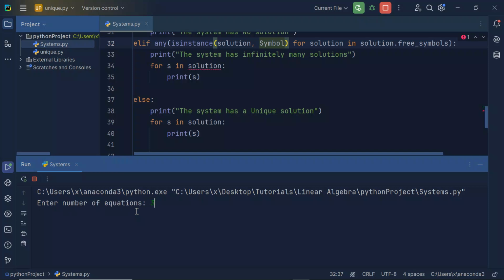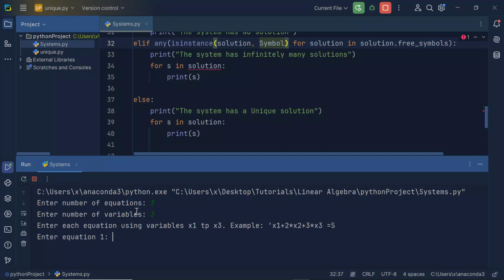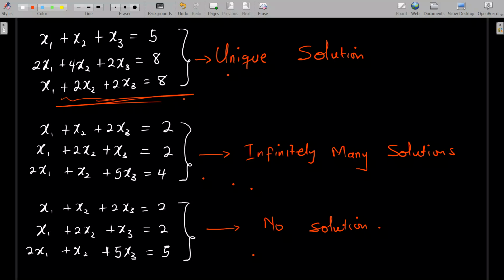Now let's run for a system where we'll have infinitely many solutions. How many equations do we have? 3. How many variables? 3. The system with infinitely many solutions is the second one, this one.